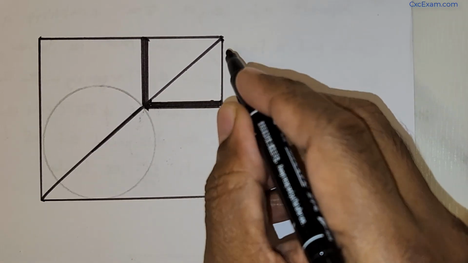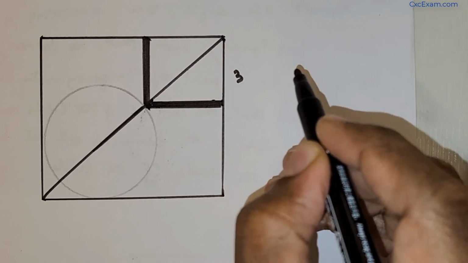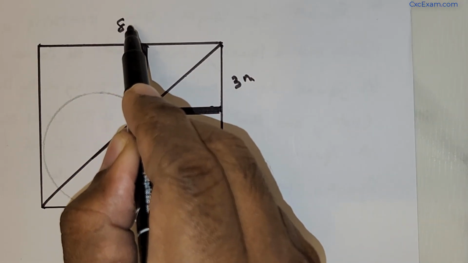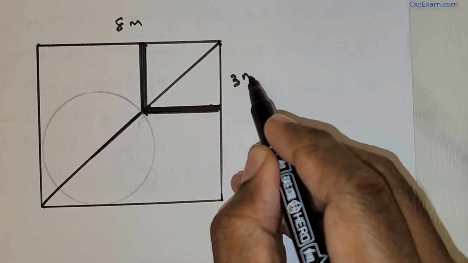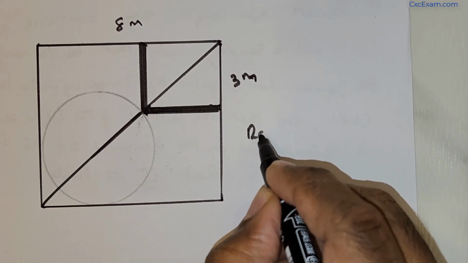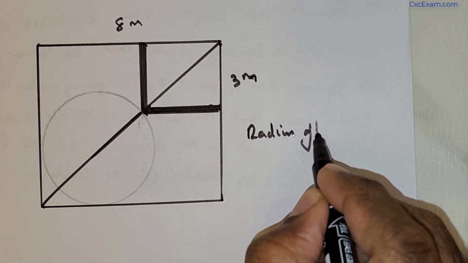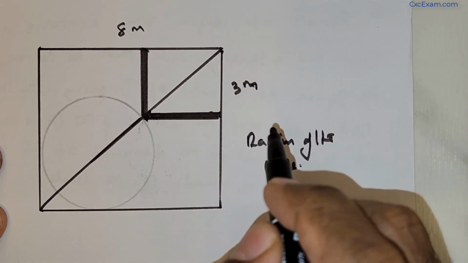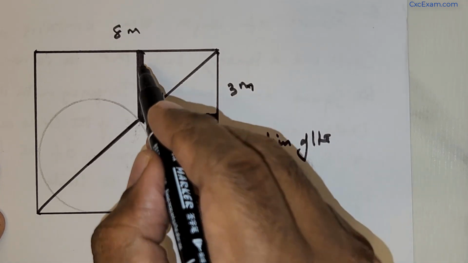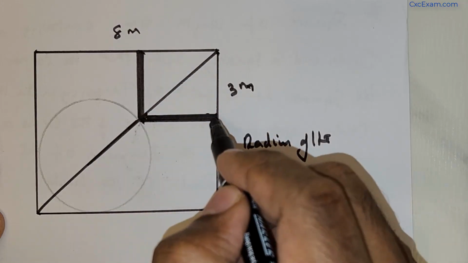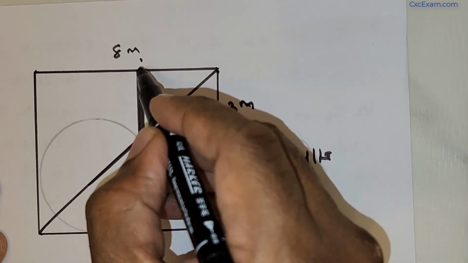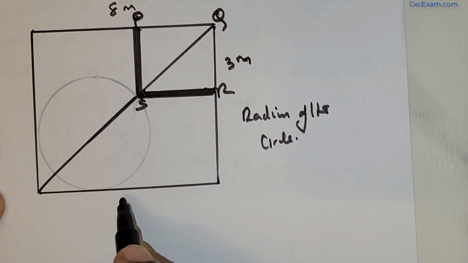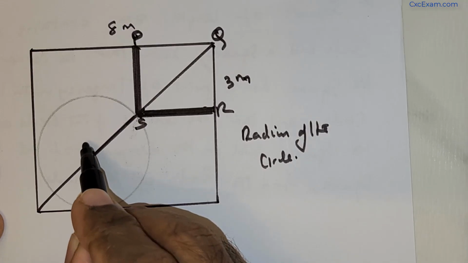So we've been given the side of the square to be 3 meters, the side of the bigger square to be 8 meters. We will have to get the radius of the circle. Now what I wish to do foremost is to consider the smaller square. So let me name it as P, Q, R and S, and O is the center.